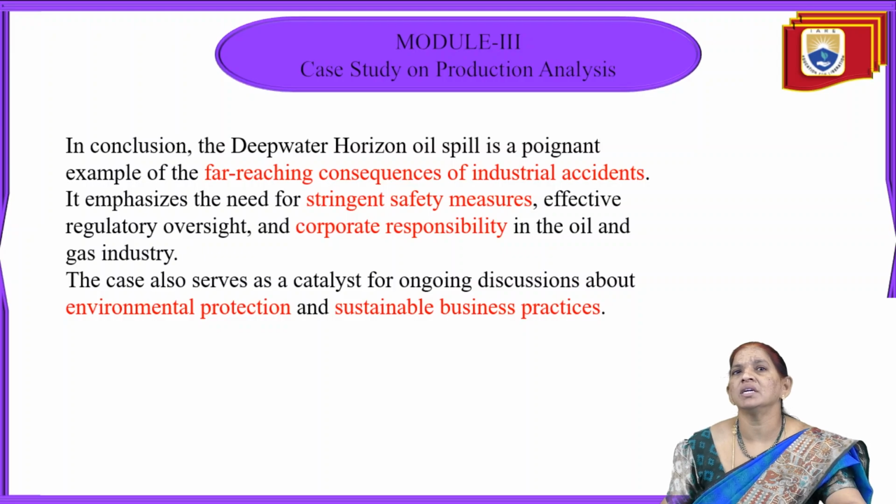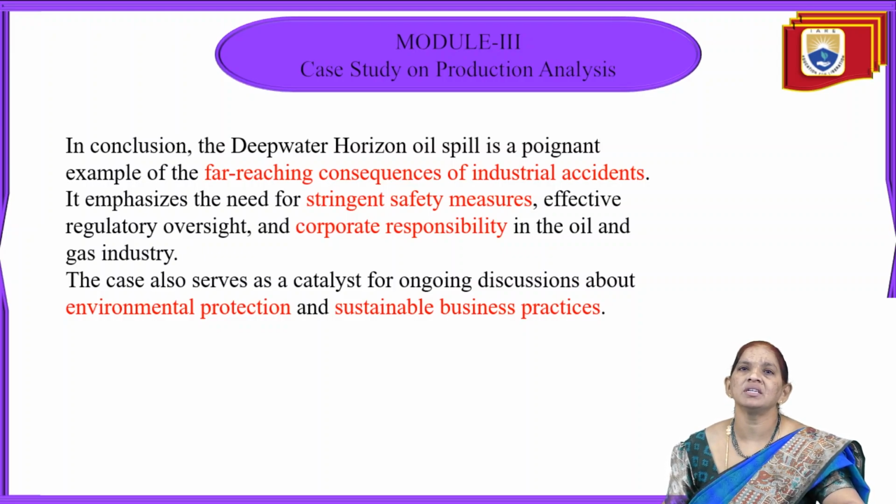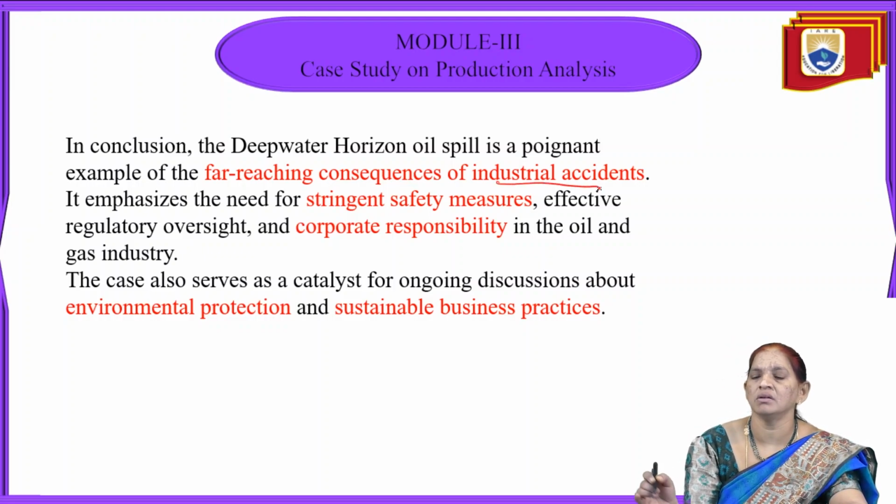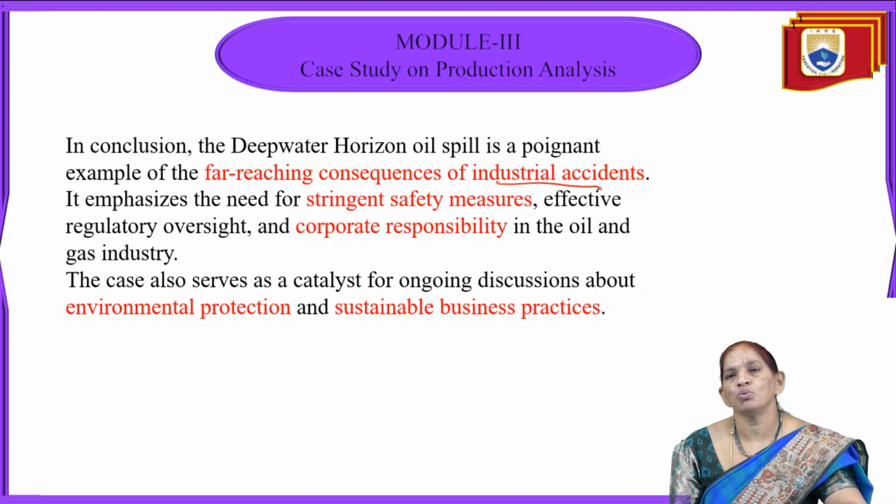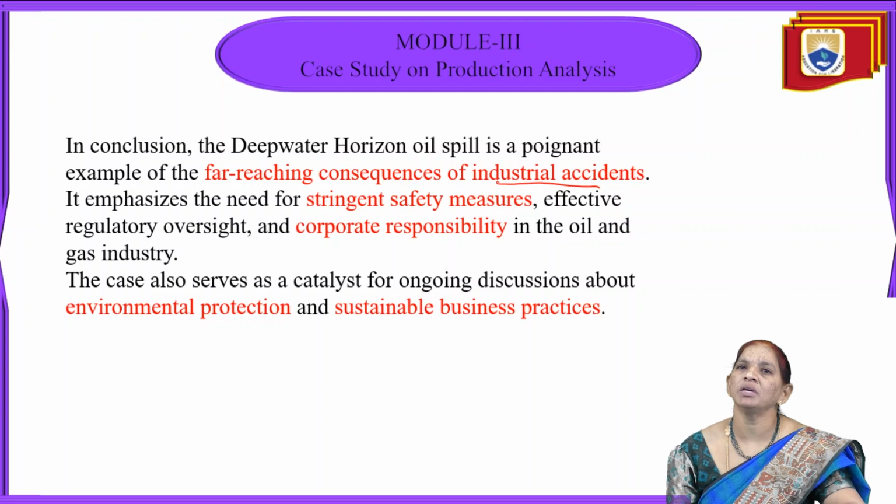So with these, we can come to a conclusion that the Deepwater Horizon oil spill is a poignant example of the far-reaching consequences of an industrial accident. The case study analyzed what problems and impacts the company faced, maybe the external environment and pollution cost, and maybe the livelihood and ecosystems.